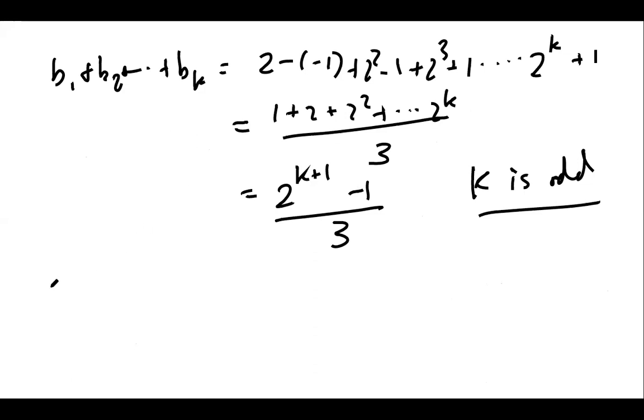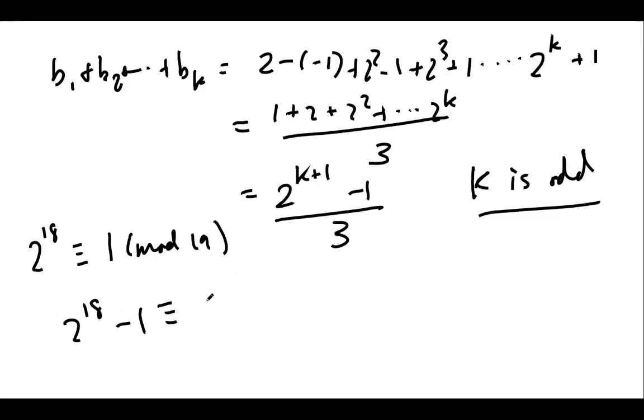So using something called Fermat's little theorem, we get that 2 to the 18 is equivalent to 1 mod 19. And this is useful because you can modify it a little bit to get 2 to the 18 minus 1 is congruent to 0 mod 19.